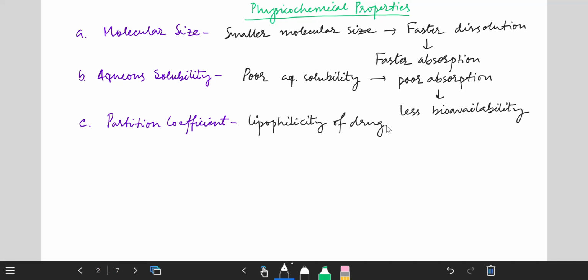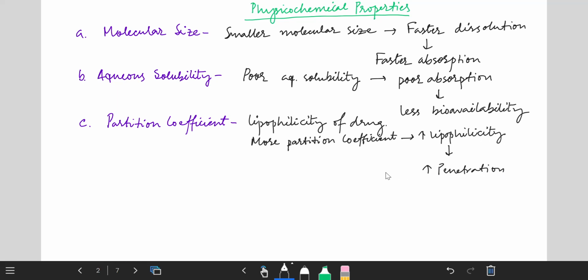The more the partition coefficient, the more the lipophilicity and the more the penetration through the biological membrane, so the faster the absorption.